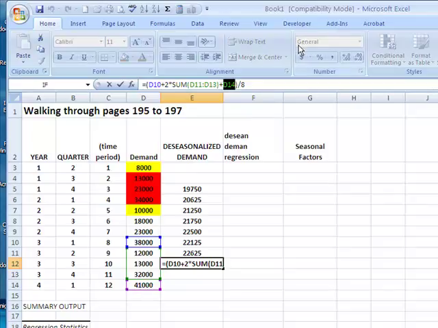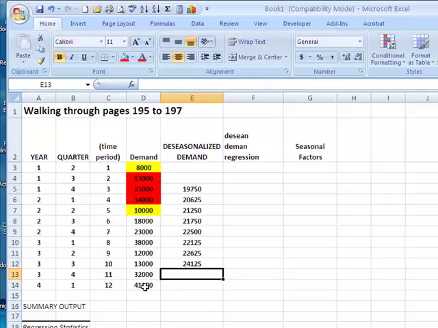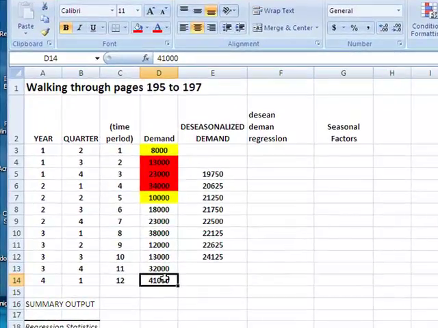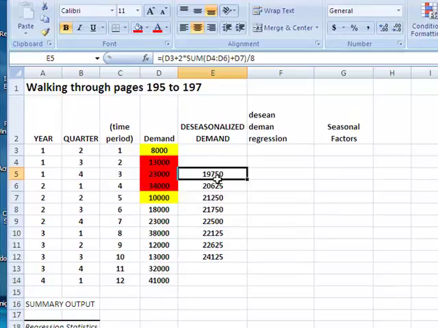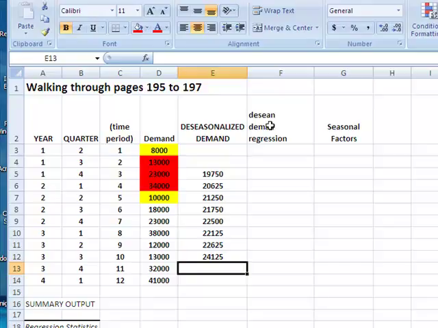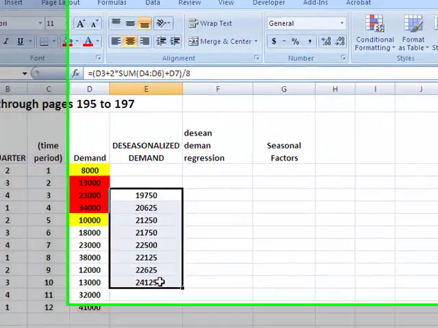And cell D14 is this data value right here, which is my last data value. So essentially my analysis must end here at this period because my actual demand values end at that point, and I cannot calculate the deseasonalized demands any further.